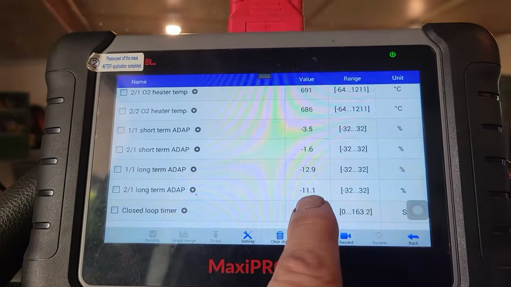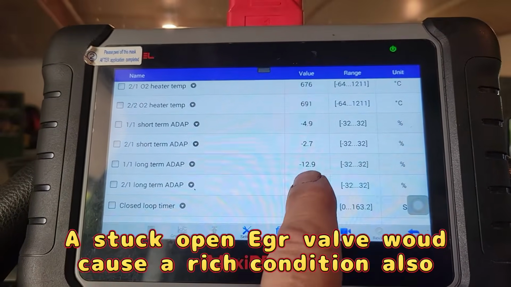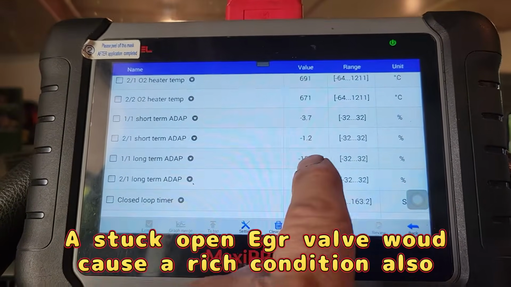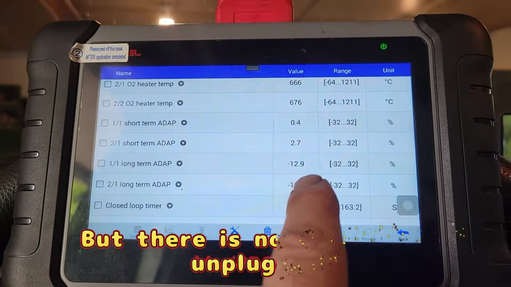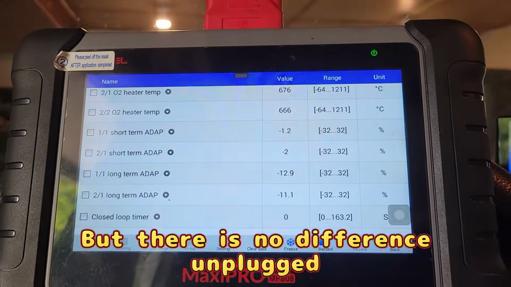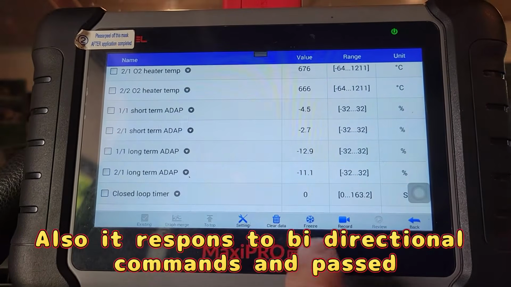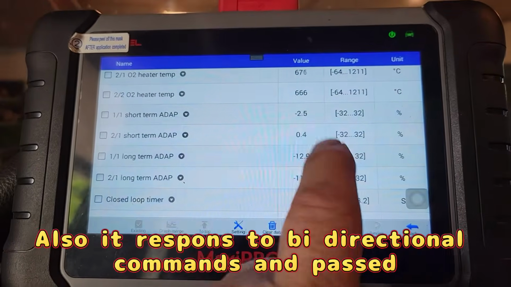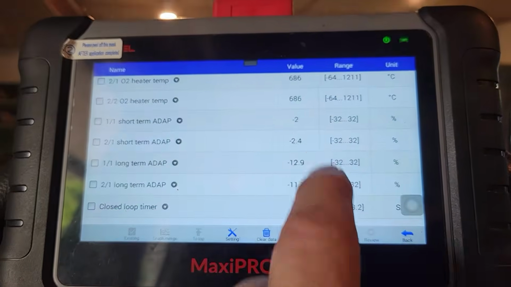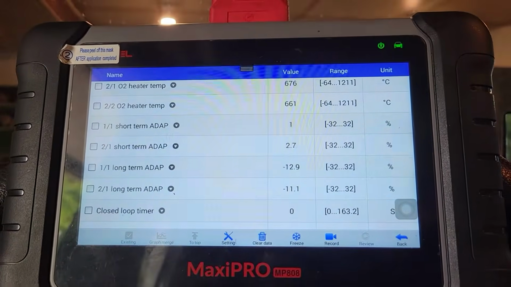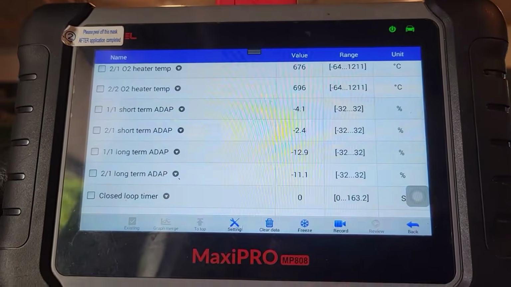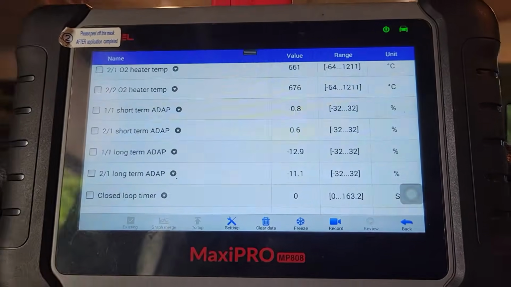You see the long terms are -11 and -12 for bank 1, so it's affecting both banks. It's the plug cap, and we've seen the pieces missing. I'm guessing they're further down the Y pipe. That's my only explanation why it would be pulling fuel from two cylinders, but mainly in the long term, just not breathing good.